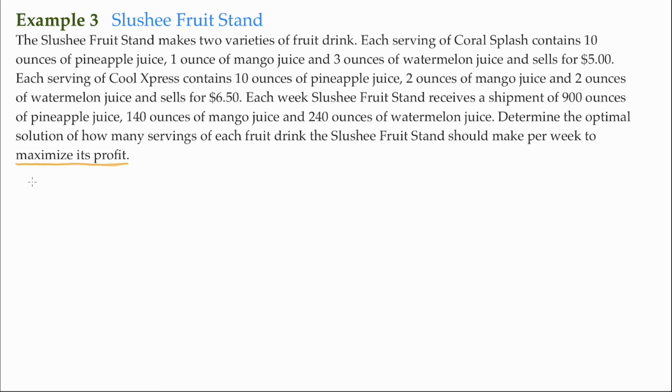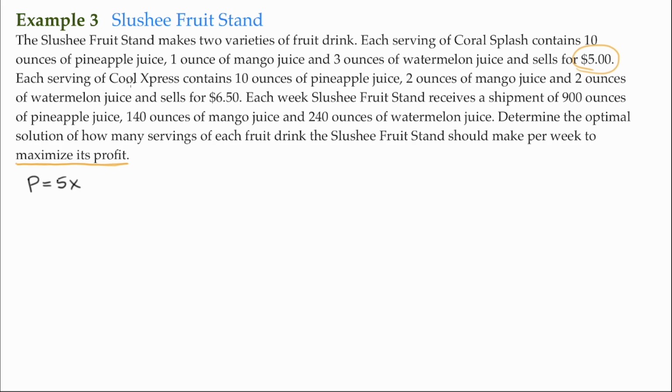So we're going to use P for profit. And of course, the profit is going to be dependent upon how many Coral Splash and Cool Express fruit drinks they make. The Coral Splash is $5 a drink. So if we let X be the Coral Splash, this is 5X.